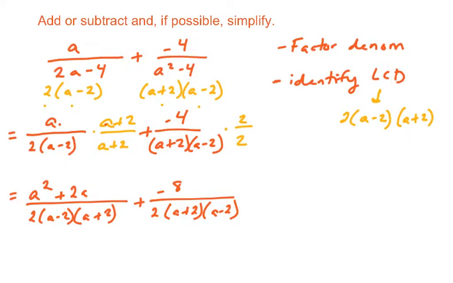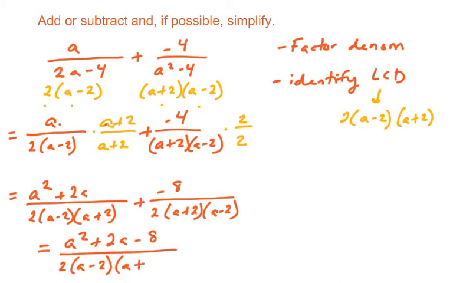Then what we have to do is add all of our numerators. You see we have an a squared plus 2a plus a negative 8. None of those are like terms, so we can just write them all together. A squared plus 2a minus 8, and then over the denominator of 2 times a minus 2, a plus 2.